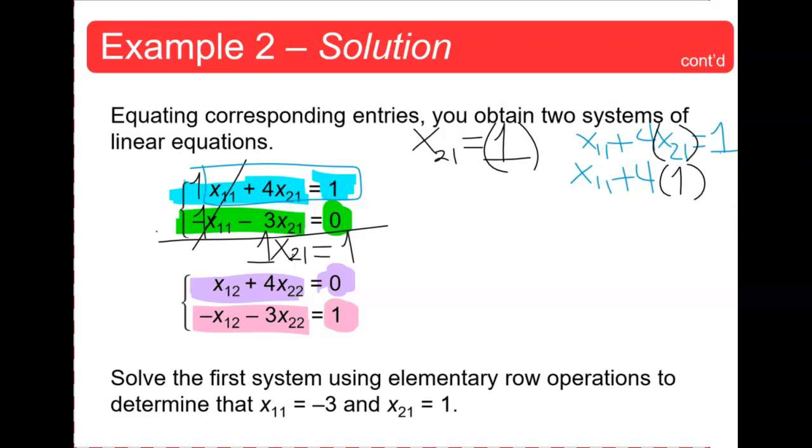And now we're going to solve for x sub 1,1. So we get x sub 1,1 plus 4 is equal to 1. So x sub 1,1 is equal to 1 minus 4. So x sub 1,1 is equal to negative 3. And that way we have two of those variables. Now let's find the other two.